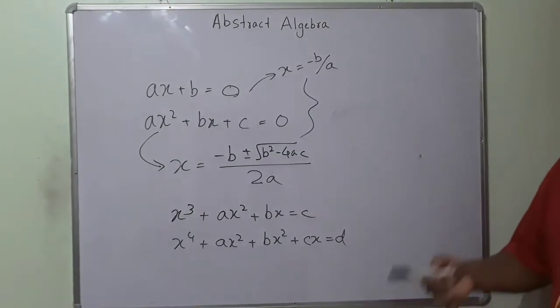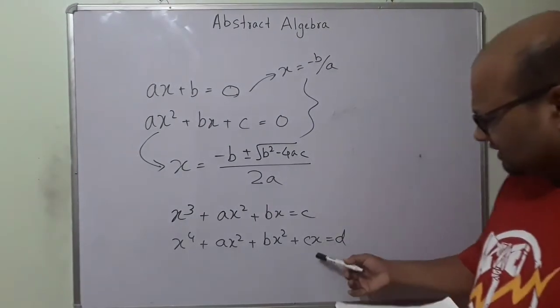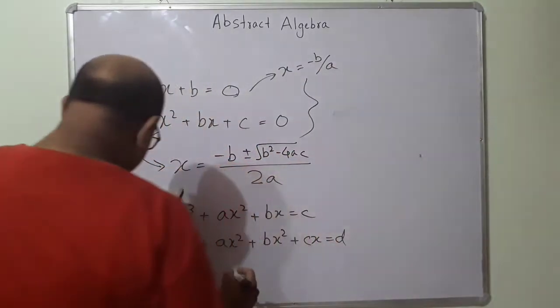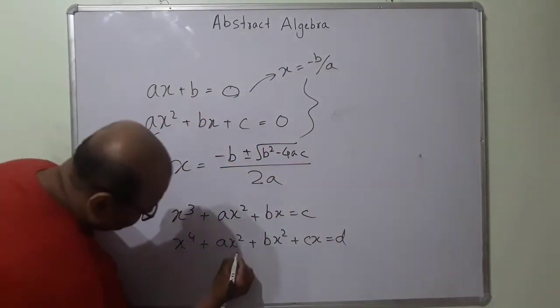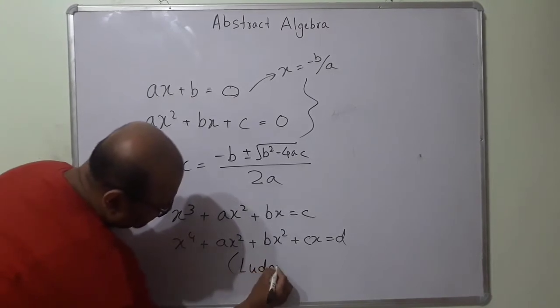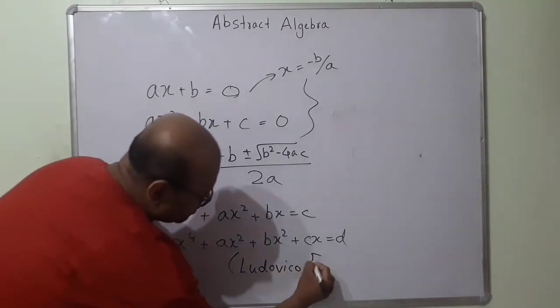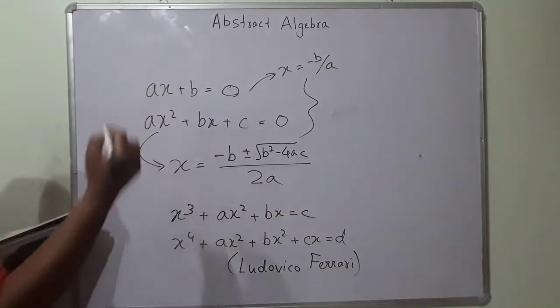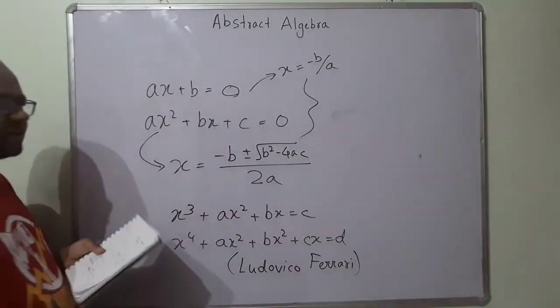Later on, the solution to this equation was given by someone called Ludovico Ferrari. The solution arose gradually.